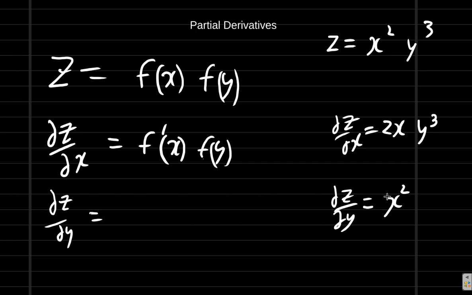So you differentiate y cubed, so you get 3y squared. So here you keep f of x as it is and you write back your f of x times, you differentiate y, so f prime y.